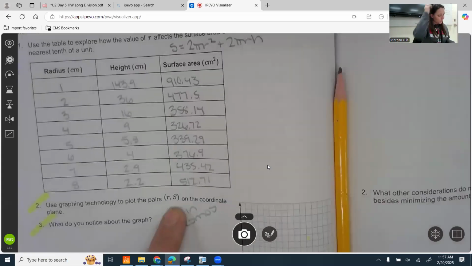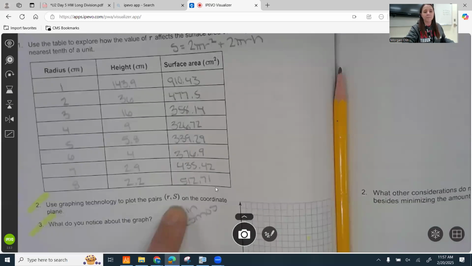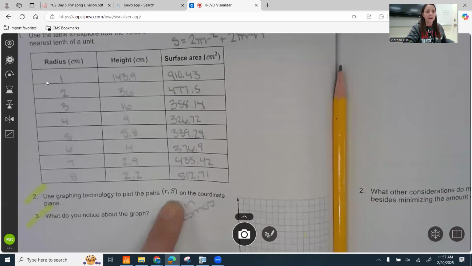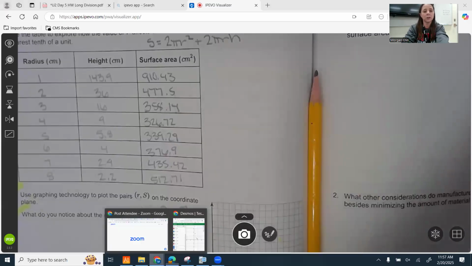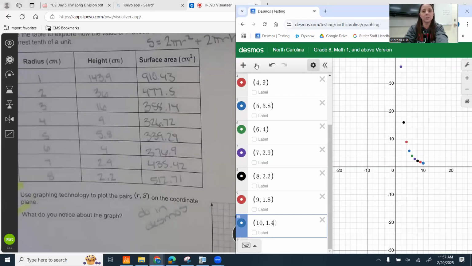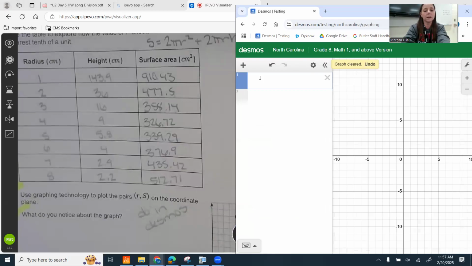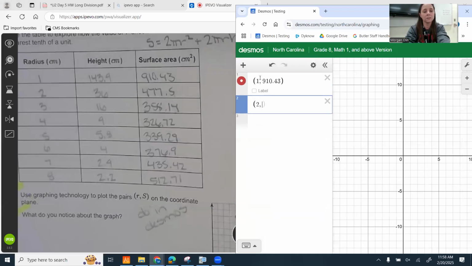And what we can do is actually graph in Desmos the radius and the surface area. That's what they want us to do. So remember how we did these points right here? Okay, the radius is 1, and then this is 9. Okay, the radius is 2, 477.5.